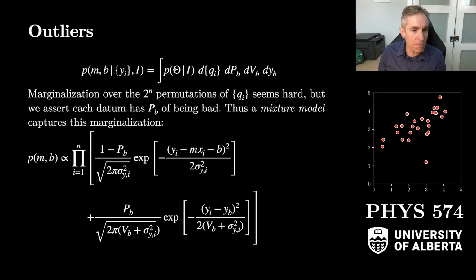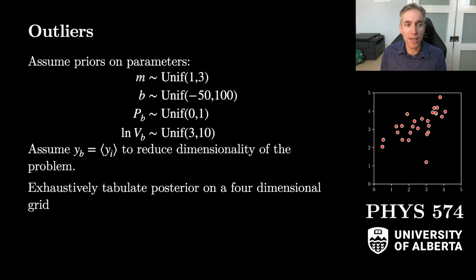Okay, so with that as preface, we can assume some priors. I set a tight prior on the slope and the intercept. I assumed that the probability of being bad was somewhere between 0 and 1. And then I distributed the log of the variance, so as a Jeffreys prior, on 3 to 10.